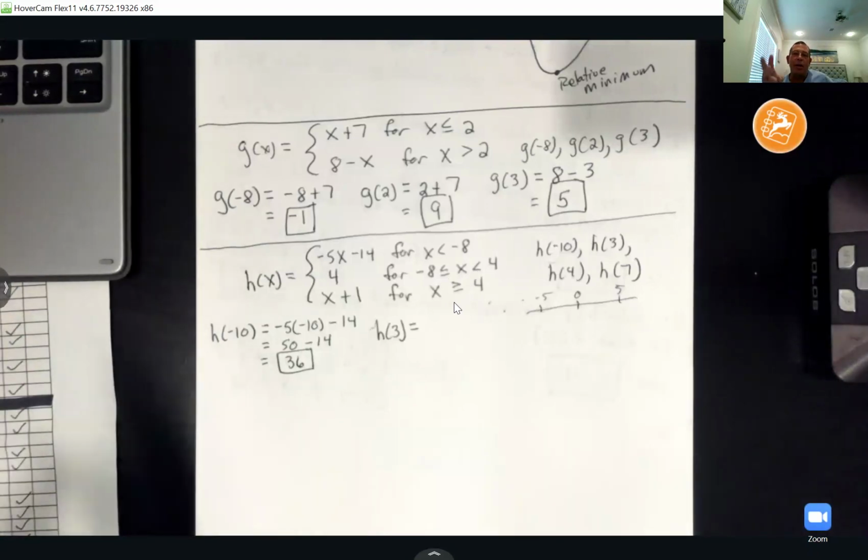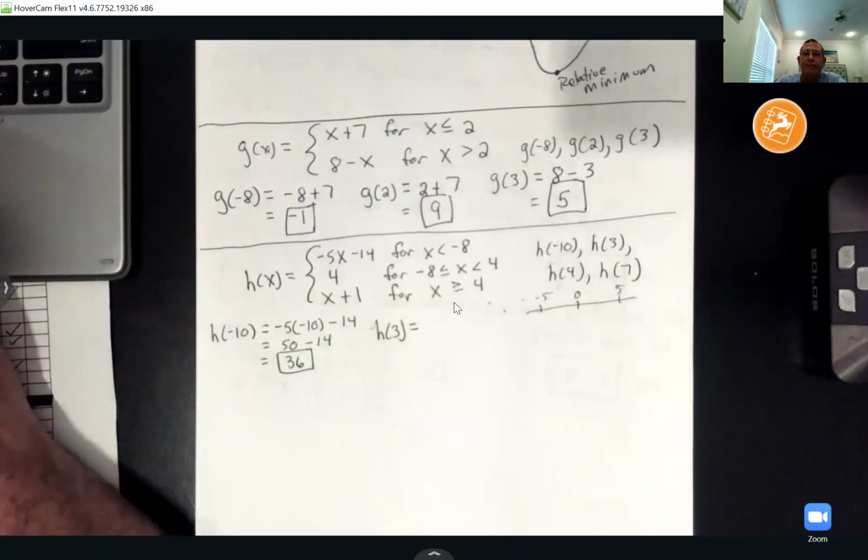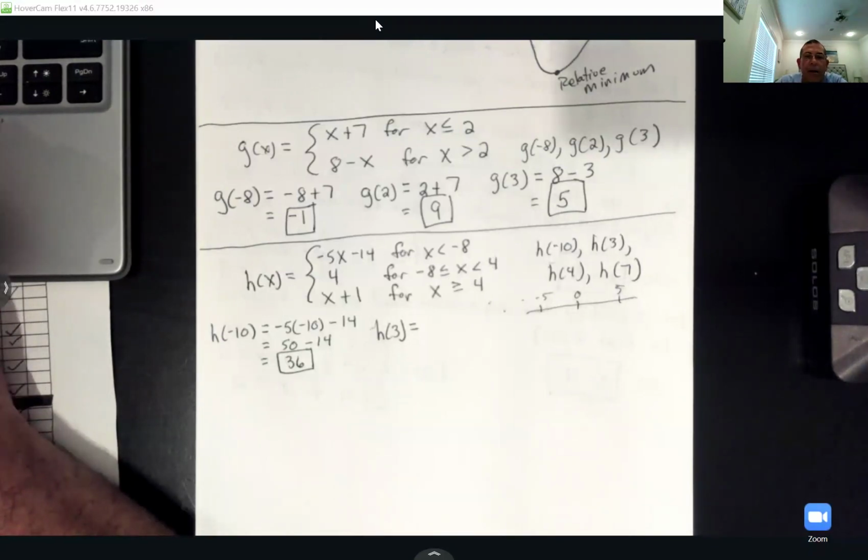So first, second, or third equation? All right, I'm getting, let's see, third equation. All righty, so I'm getting a 2 on one and a 3 on another.